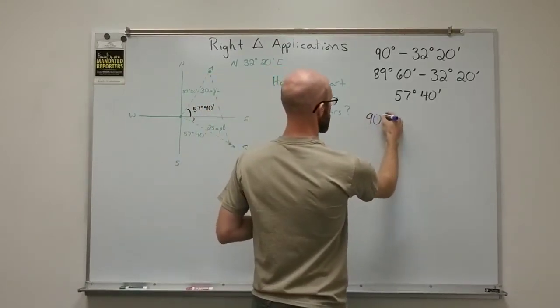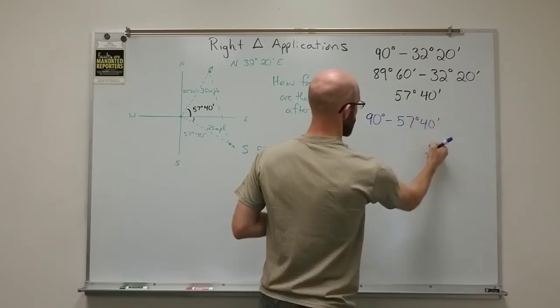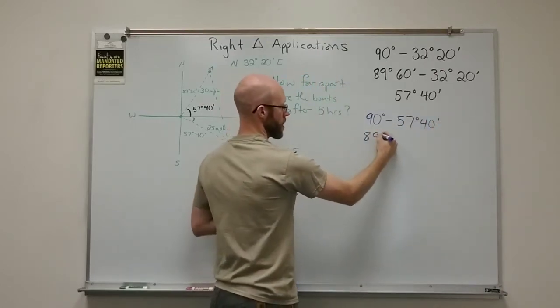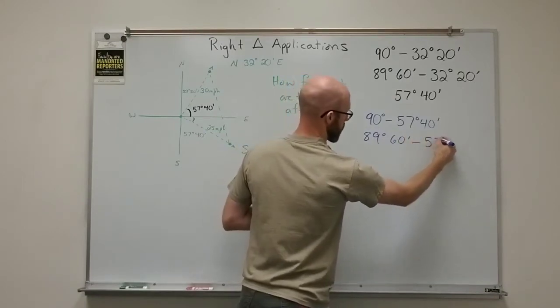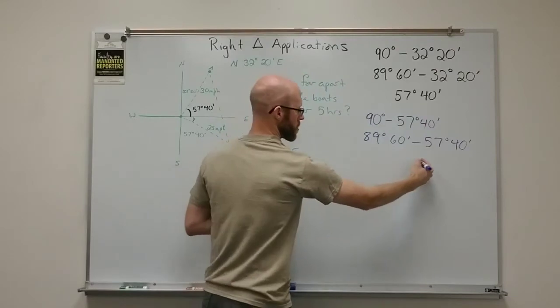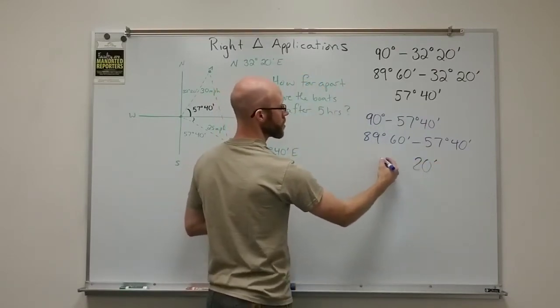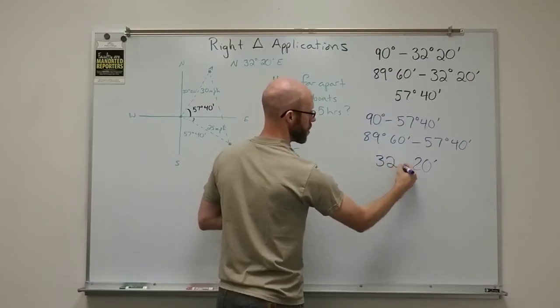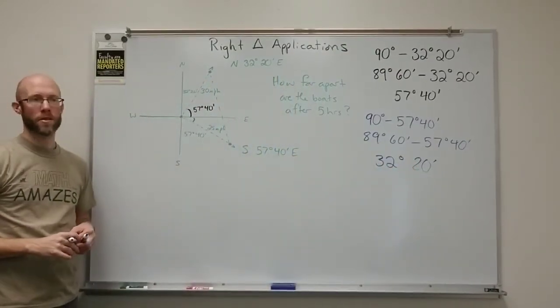If I did 90 degrees minus the 57 degrees 40 minutes, of course, 89 degrees 60 minutes and 57 degrees 40 minutes. Subtract the minutes, you'll get 20, and subtract the degrees and you'll get 32. So you will get 32 degrees 20 minutes.